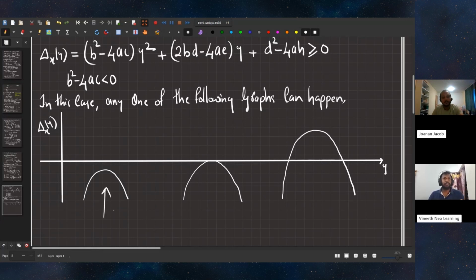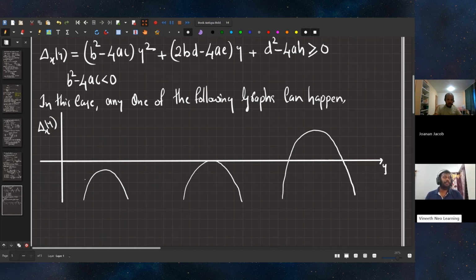Meaning, will delta xy be either equal to 0 or greater than 0? I cannot say about that.